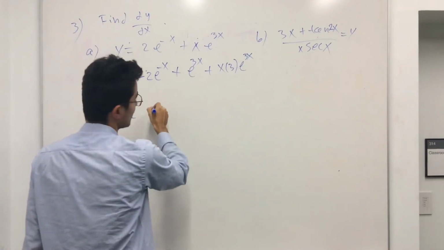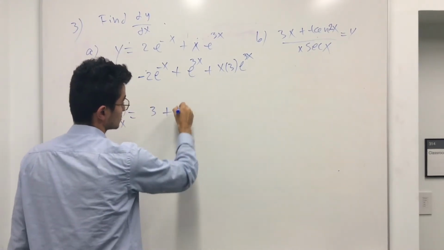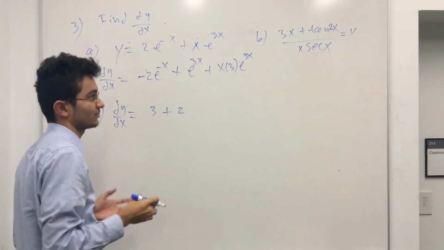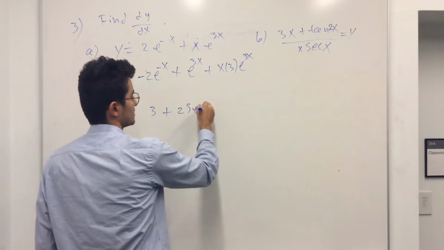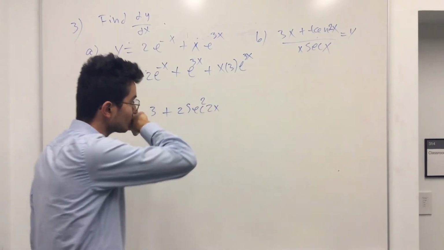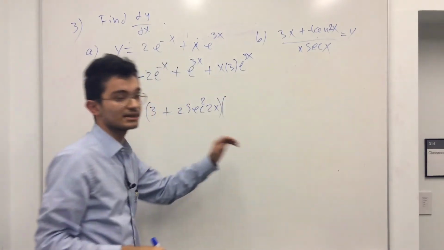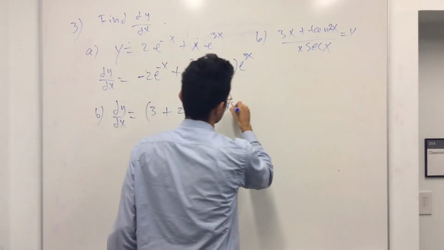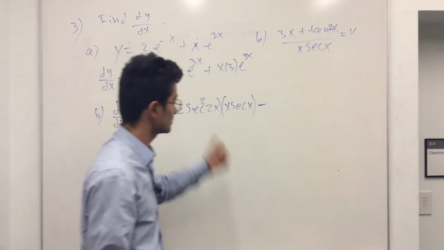So that's going to be 3 plus, okay, the derivative of the inside is 2 times the derivative of tangent of 2x, which is just secant squared of 2x. That's the derivative of the top function, but we have to multiply it by x secant x. So that's x secant x. And then we subtract the opposite. So we have to take the derivative of the bottom.